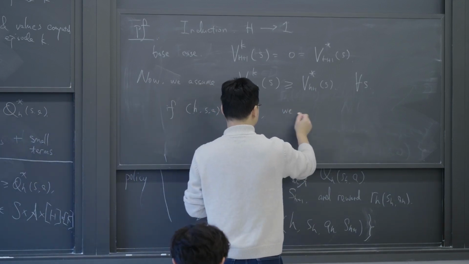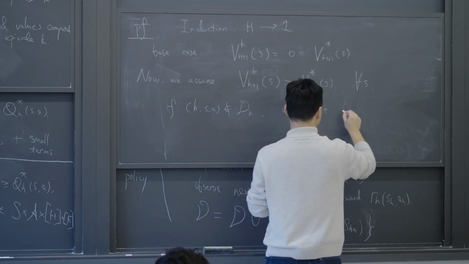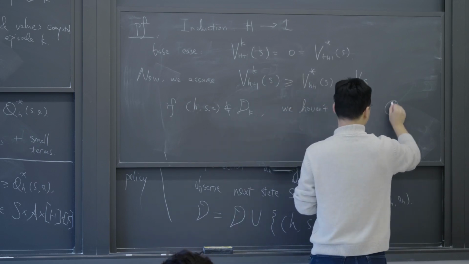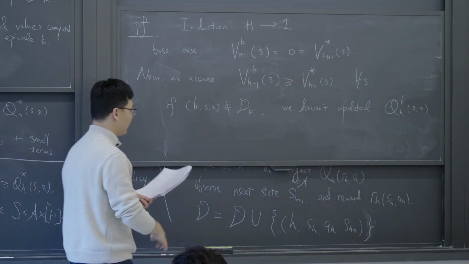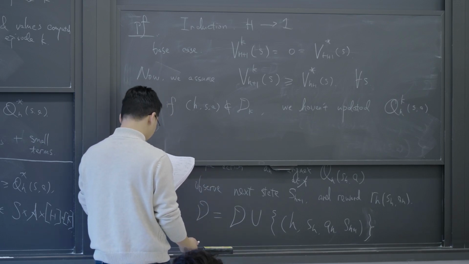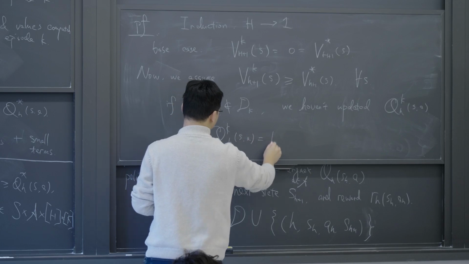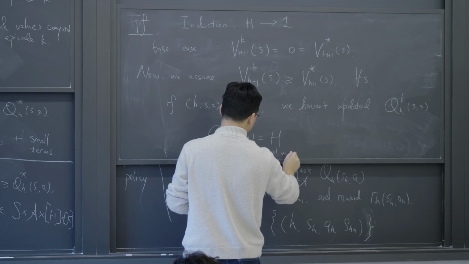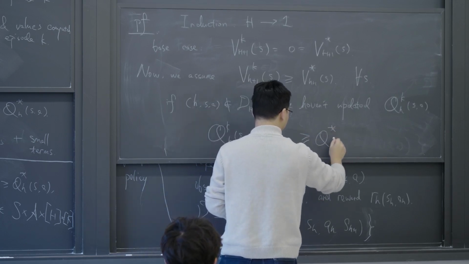In this case, we haven't updated Q_h^k(s,a), because if we don't observe it, we skip the update, so it will still remain as the initial value. So Q_h^k(s,a) will be equal to H, which is clearly an upper bound of Q*_h(s,a).